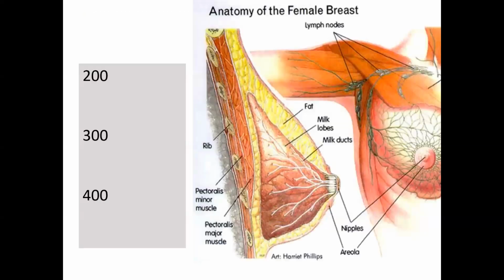Okay, so let's flash back a minute to the anatomy and see what the extension codes are talking about. Code 200 is asking about the pectoral muscle fixation or invasion to the muscle or subcu tissue. Remember that the muscle lies behind the breast.